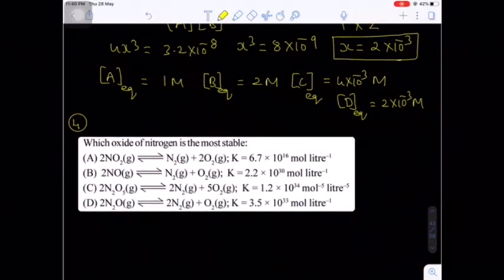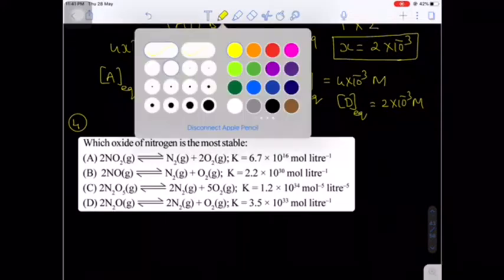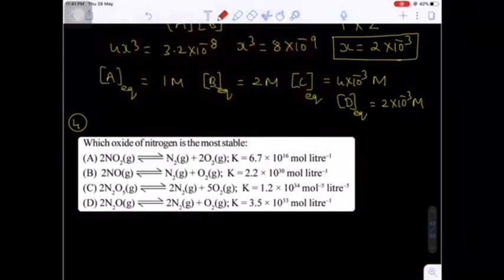Now here one question is there. Which oxide of nitrogen is most stable? Now here the concept is that nitrogen oxide is present on the left hand side. On the right hand side, nitrogen oxide decomposes to give nitrogen and oxygen. Now the question is the most stable oxide of nitrogen.